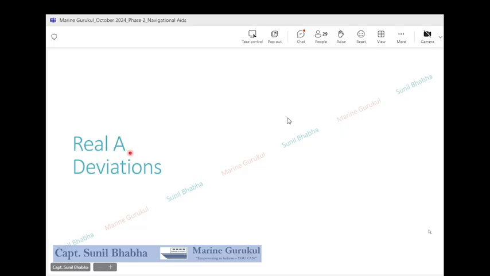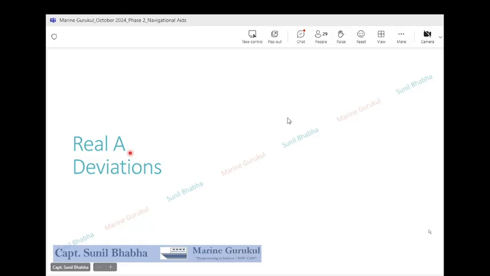Or in other words, how do they generate a deviation which is constant irrespective of the heading of the ship? Whichever heading the ship goes, the deviation generated by these structures remains constant and does not change.